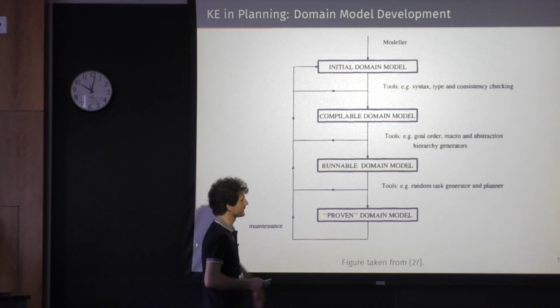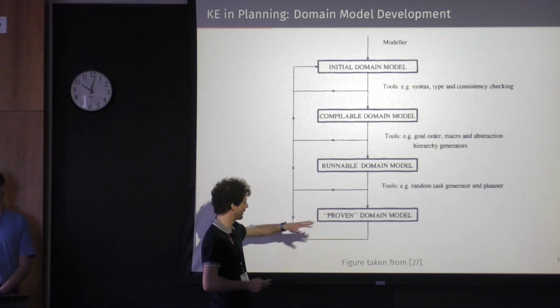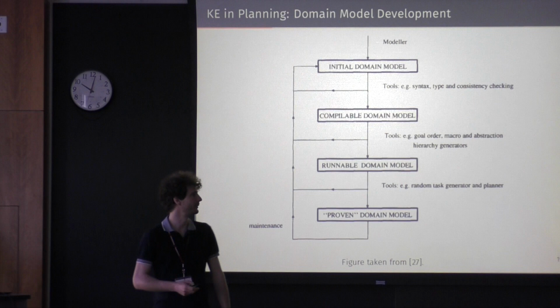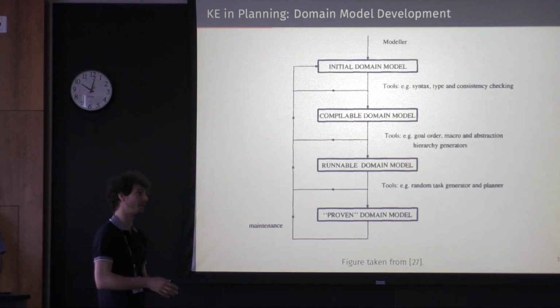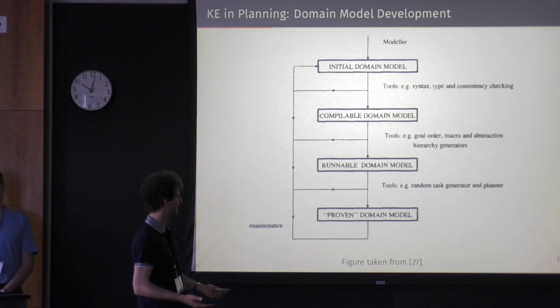And after this task, which again can take quite a lot of time, you have what is called a proven domain model. So it is working, it is operationally okay, and it is valid.